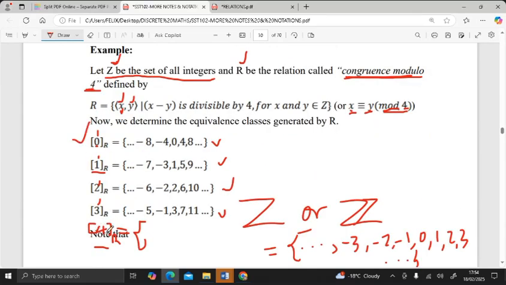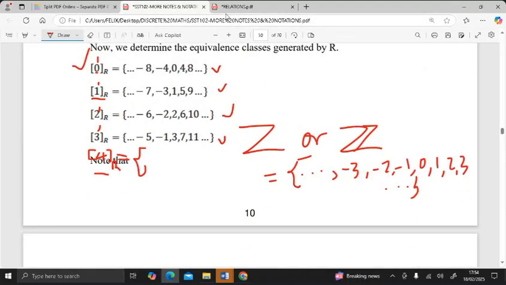It is important to note something, that when we get to 4, the equivalence class, we have 4 here. When you look at this carefully, which are these integers that are in this class? If you're very careful, you'll notice that this one is the same as this.